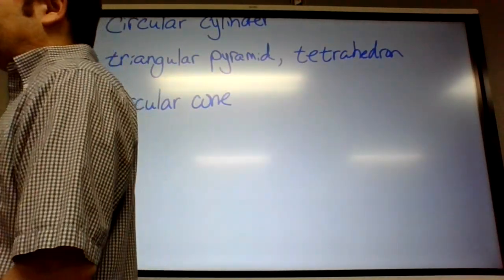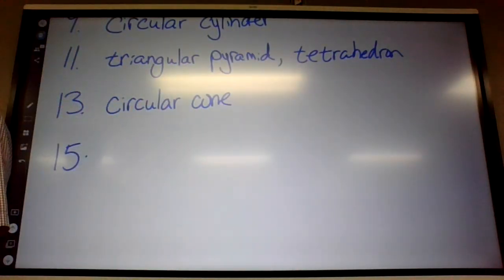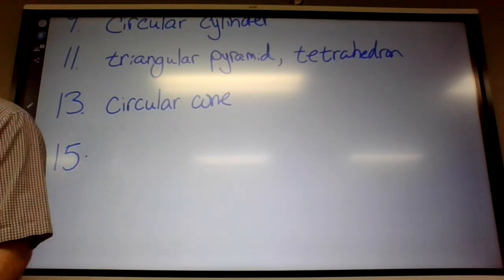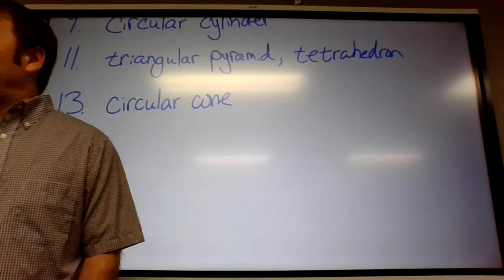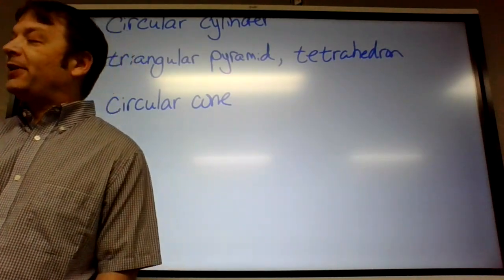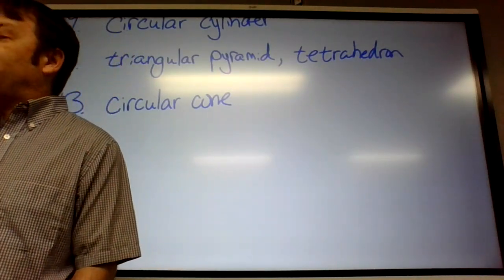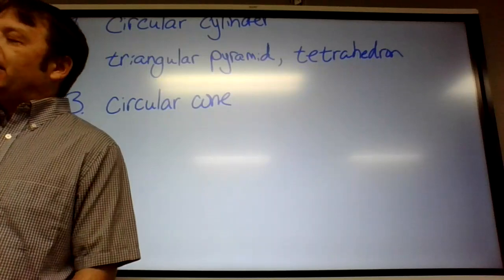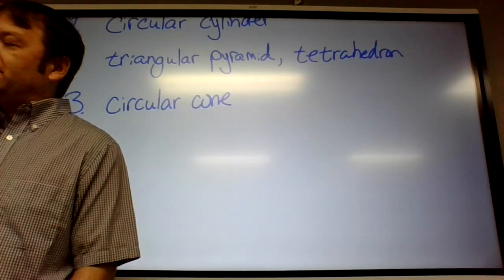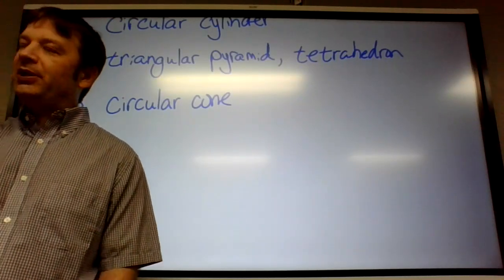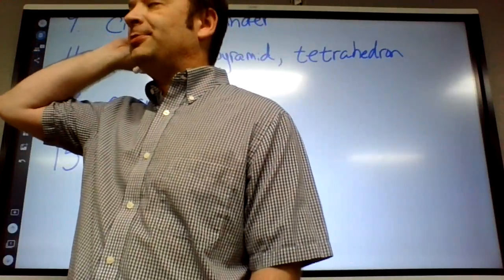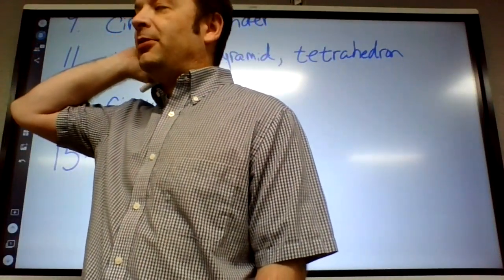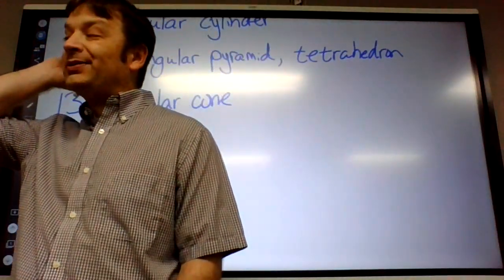Okay, 15. This is kind of the same thing. It says classify it as a polyhedron, so name it according to its number of sides. And then if it's a prism or a pyramid, we also have to name it that. Not all of those are prisms or pyramids, so not all of them will have a second answer.